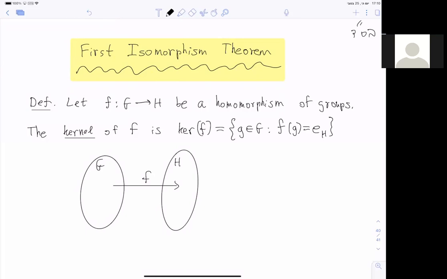Then the kernel is all the elements in G that go to E. So this is the kernel.